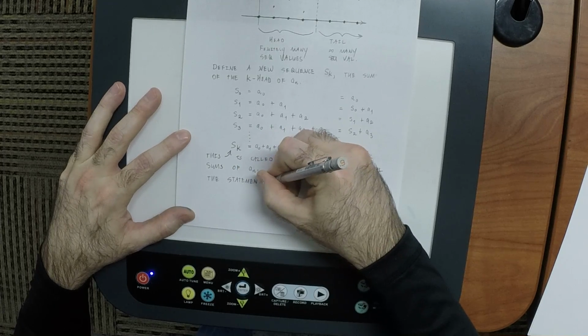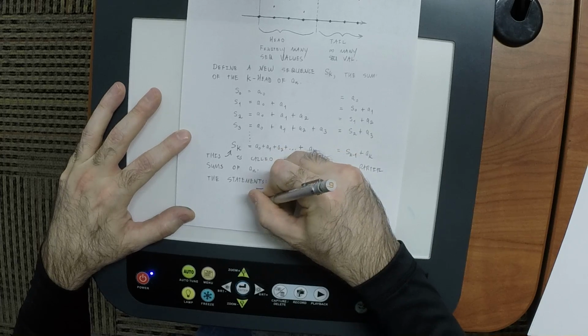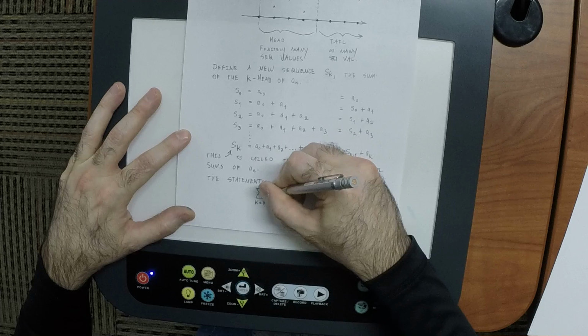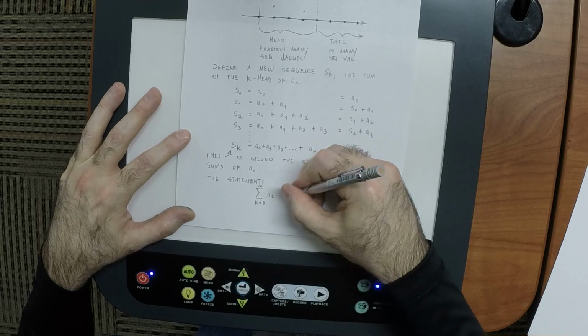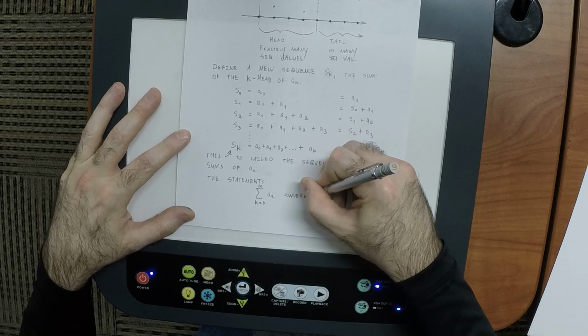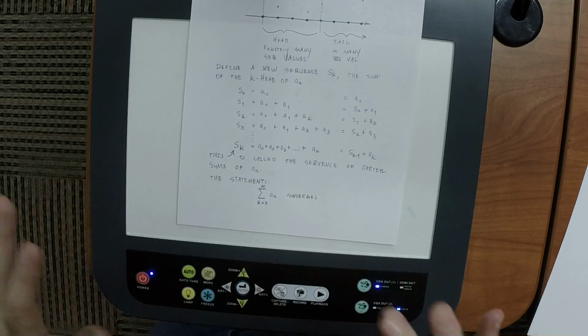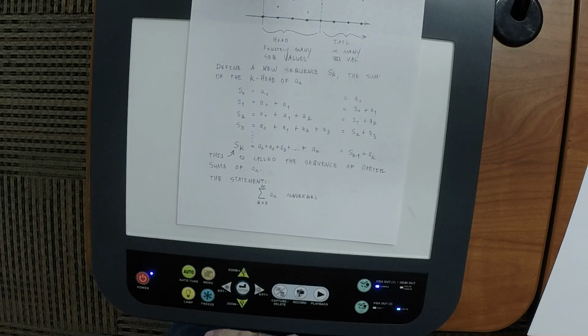So the statements. First, the sum from k equals 0 to infinity of a_n converges. So that's a statement, because the sum may converge or it might not, right? We've seen two that are going to converge, and we also saw one that doesn't.